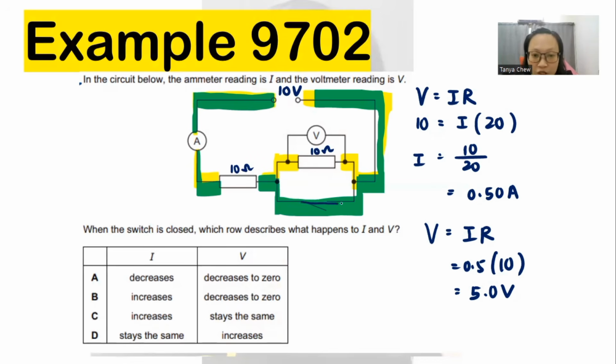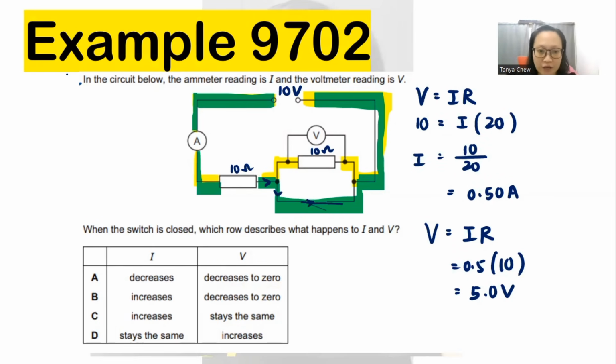Since this is a switch which is being closed and the wire has negligible resistance, the current is definitely going to choose the easier path instead of flowing through the resistor of 10 ohm, more resistance that you need to overcome. So now we will check on that.